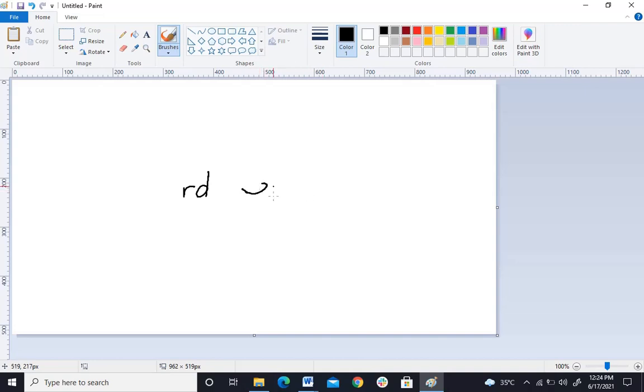Kapag regular writing ang RD is R and D, pero kaya nga tayo nag-i-steno para mas mapadali. Nilagyan na lang siya ng curve sa taas. RD, it's a curve pataas. And then yung ating LD, mas mahaba na curve and then pataas.